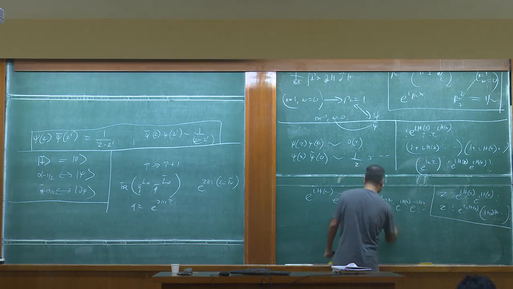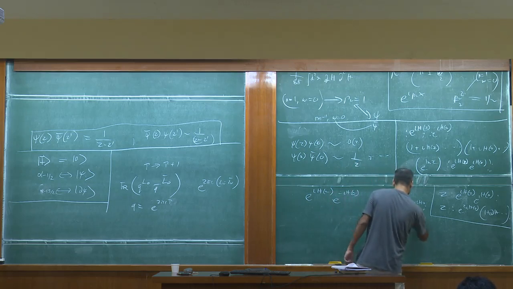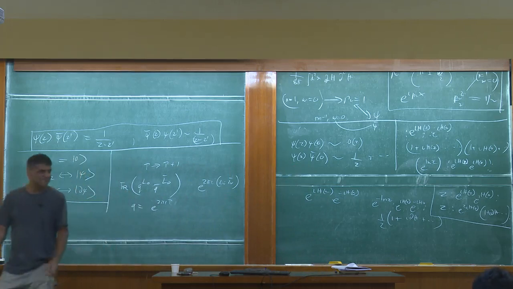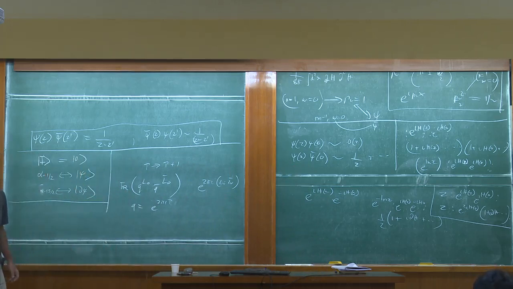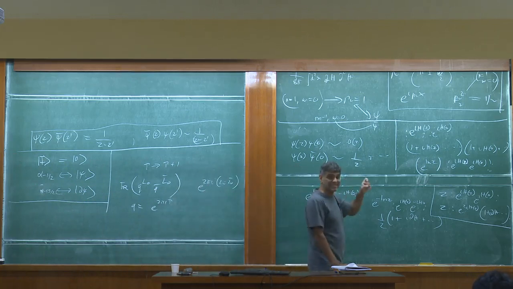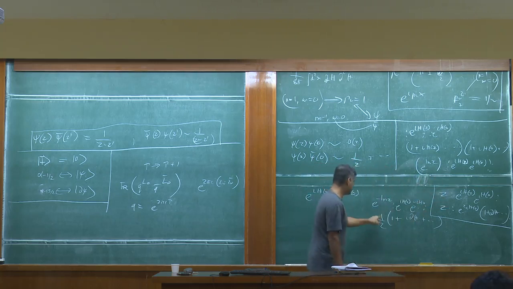And so we'll get 1 over z and then 1 plus i del h plus blah blah blah. Is this clear? Okay. So the first thing we see is that psi of z, psi bar of 0 had 1 over z plus stuff. We get exactly the same singularity with exactly the same residue.